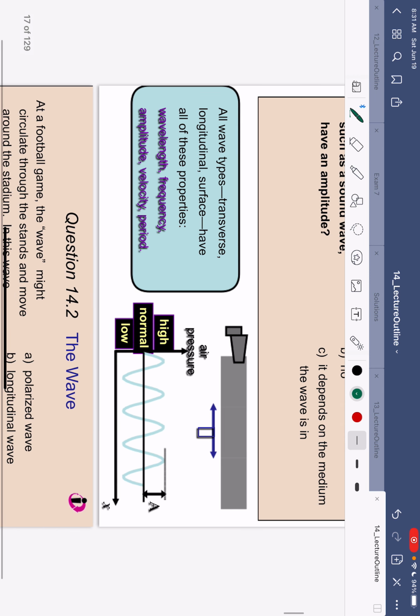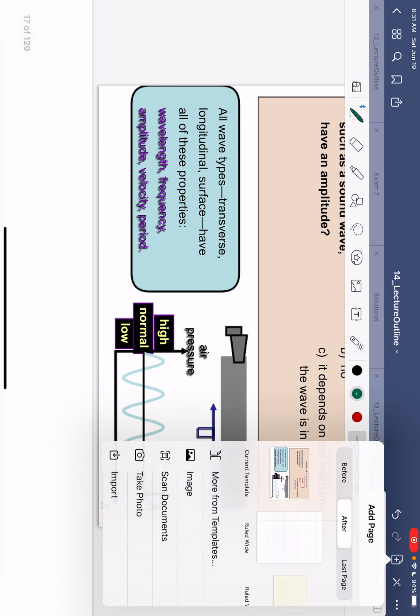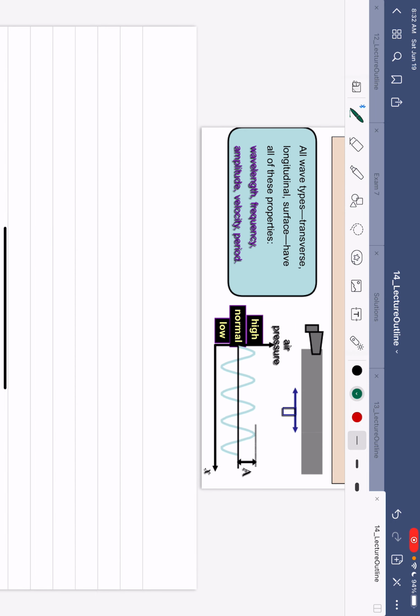Now, all of them have wavelength, frequency, amplitude, velocity, and period. As we discussed, and as we introduced last time, I want to say something about these.